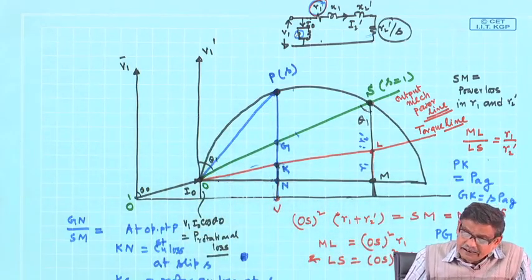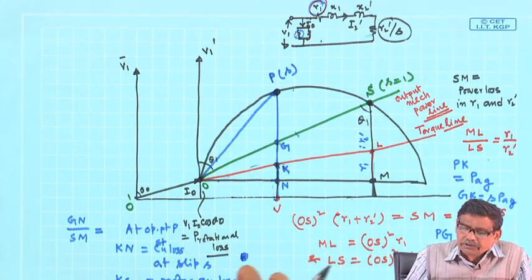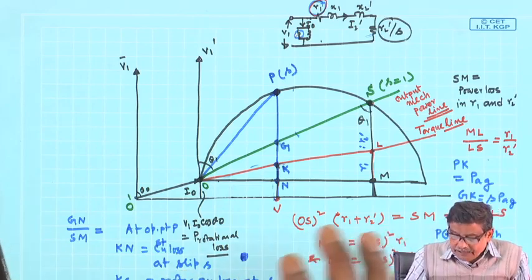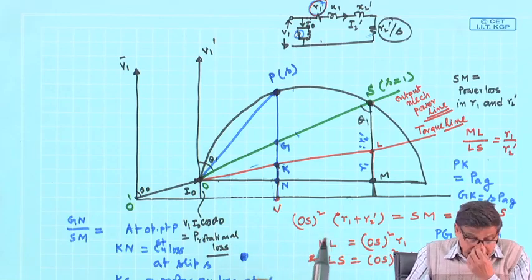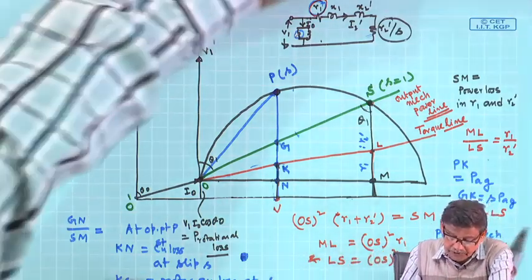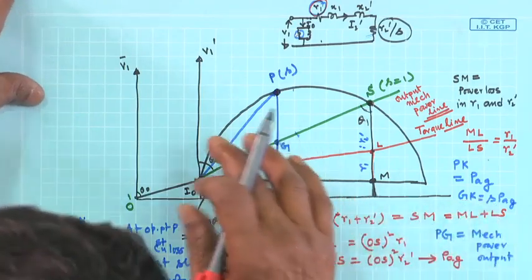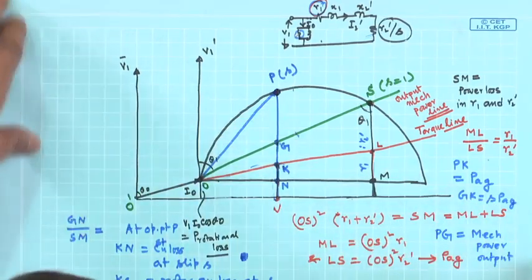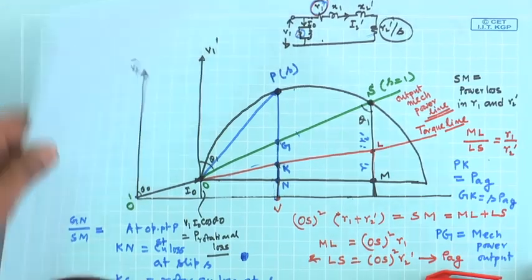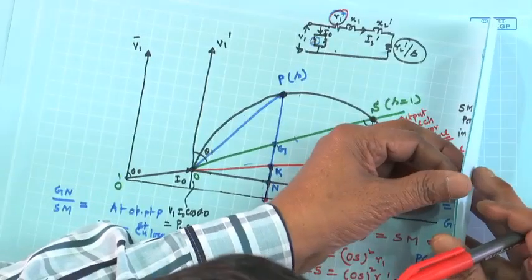But there is a nice way of tackling that issue, where everything will be really graphical. That thing I will tell you now, that is called drawing slip lines. Added to this diagram is called a slip line. This is also very interesting.